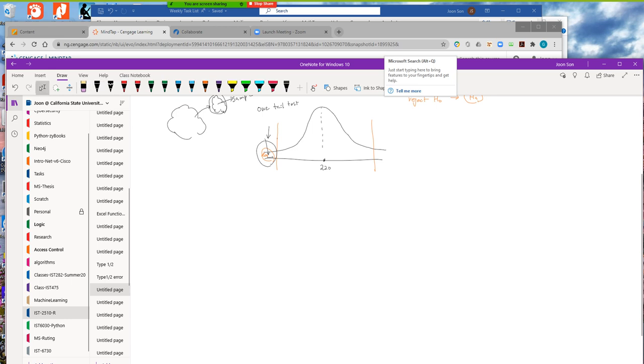I know there are a lot of people who use their own method, but this is how I memorize type 1 and type 2 errors. There's a null hypothesis and an alternative hypothesis. The direction of the type 1 error is this, so this is a type 1 error, and the opposite is, of course, a type 2 error.